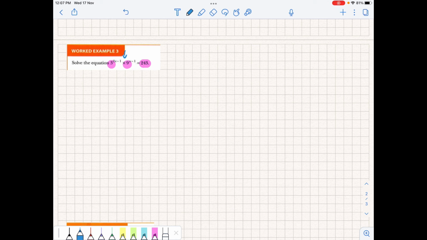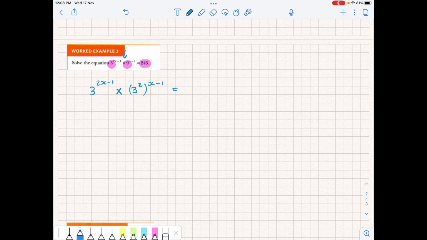So we'll change all the bases first so that they're all the same. Usually the clue is that it's the lowest prime factor, and 3 here is the lowest prime factor. So I'm going to have 3 to the power of 2x minus 1, and nothing changes there, multiplied by 9 changed into base 3, which is 3 squared, and this is all being raised to x minus 1.